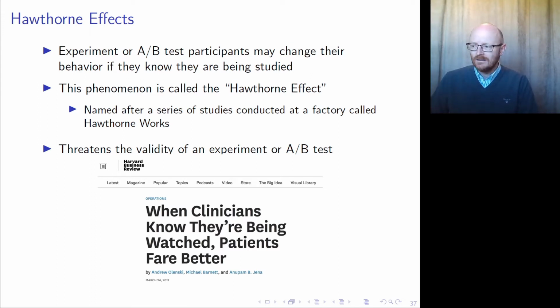Likewise, if you're observing a customer, then that customer may change his or her behavior based on the fact that the customer is being watched and knows that he or she is in a study.